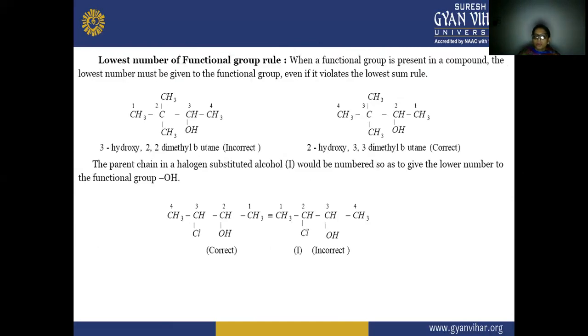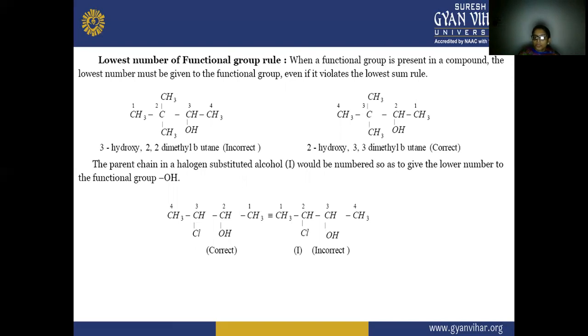Next is the lowest number for the functional group. So here, when a functional group is present in a compound, the lowest number must be given to the functional group even if it violates the lowest sum rule. So the example is CH3, C, CH3, CH3, CHOH, CH3. Here the functional group is present.